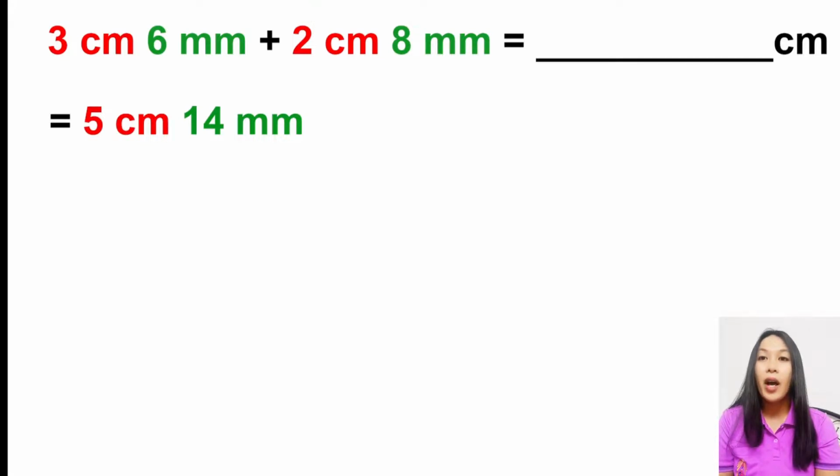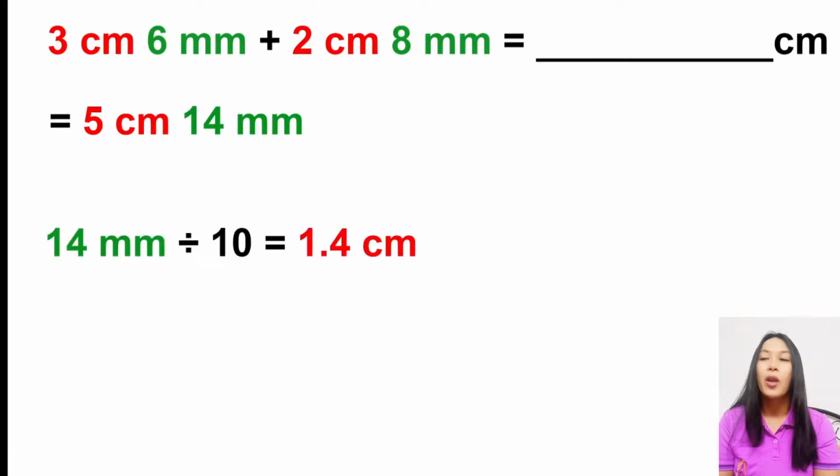Now, since 5 is already in centimeters, we should convert 14 millimeters to centimeters. To do that, we have to divide 14 millimeters by 10. We should get an answer of 1.4 centimeters. Alright, so we have converted 14 millimeters into centimeters already.